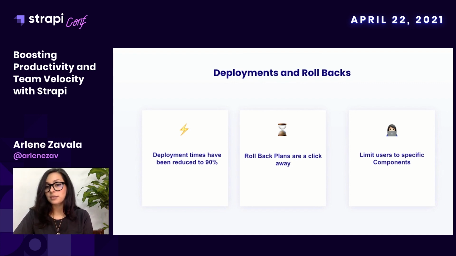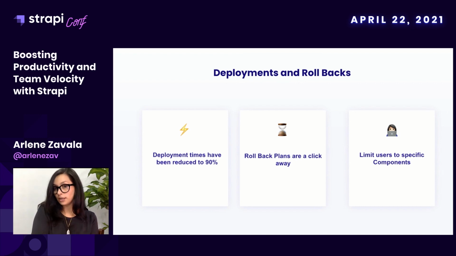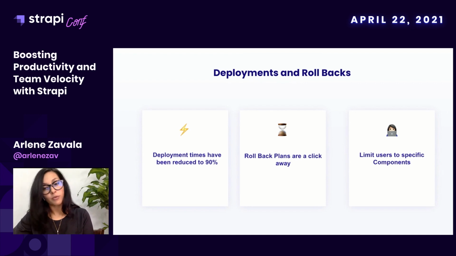Each team has some components assigned to them. That means that I cannot go and change what someone else did if I don't have access to that component, which is pretty cool, because that means that everyone can work on something different at the same time without affecting whatever is being worked on by another team.